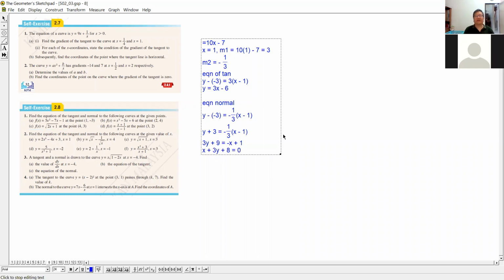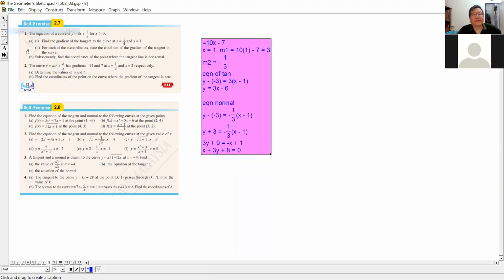This is the equation of normal. The answer you see at the back is not the gradient function; it should be the equation of tangent and the equation of normal. Okay, teacher.